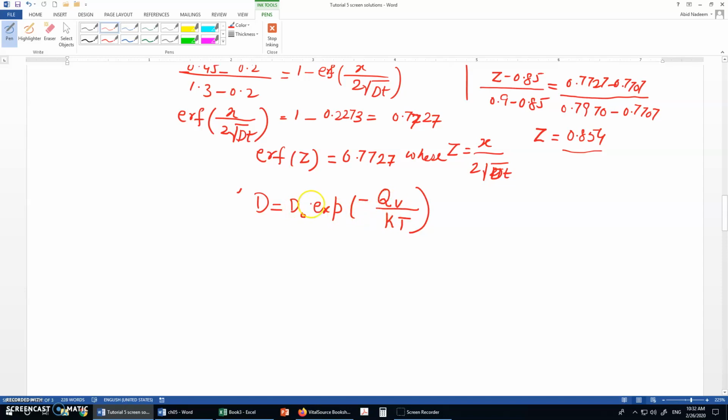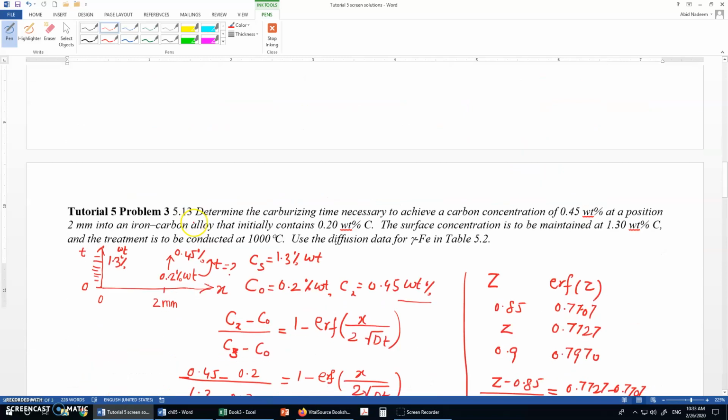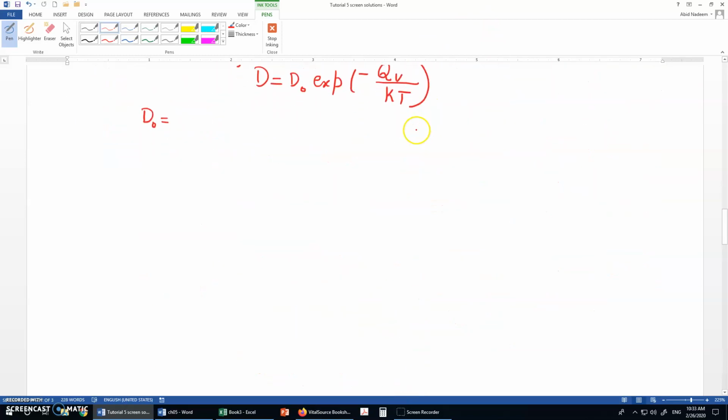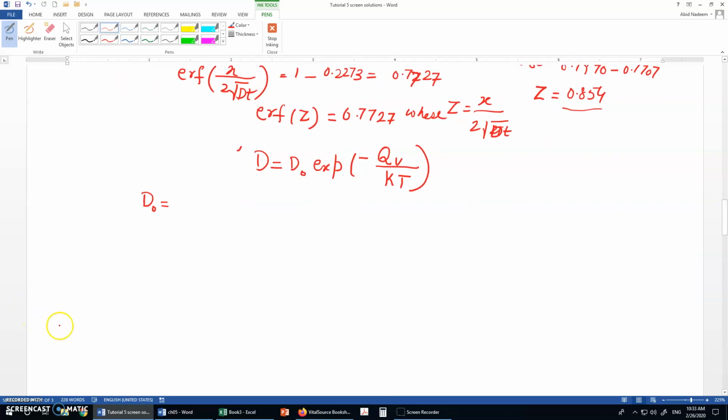The values of D naught and QV can be found from table 5.2. In the table, the values are given for various combinations. In this case, we are talking about carbon in gamma iron.